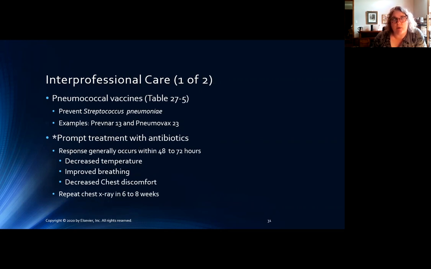The nice part about antibiotics is when we do it right, and if we've got the right one, response will generally occur within 48 to 72 hours. And their temperature will drop, their breathing will improve, and they'll have decreased chest discomfort. We also may want to have a repeat chest x-ray in 6 to 8 weeks, to see if there's any long-term damage from those lungs having all the infective process.